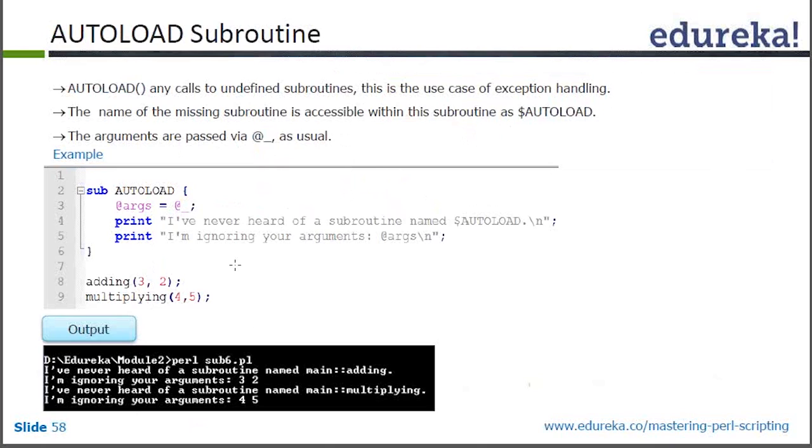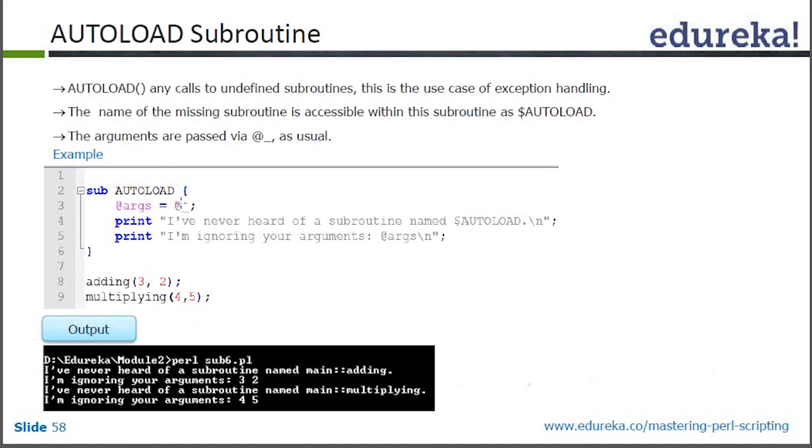So here you can see this AUTOLOAD functionality. When we want to print this, you can see that AUTOLOAD @_. I've never heard of a subroutine called AUTOLOAD. I'm ignoring your arguments. So you are passing 3, 2. I'm ignoring your arguments for me. So the simple thing is here in AUTOLOAD we are passing undefined subroutines.